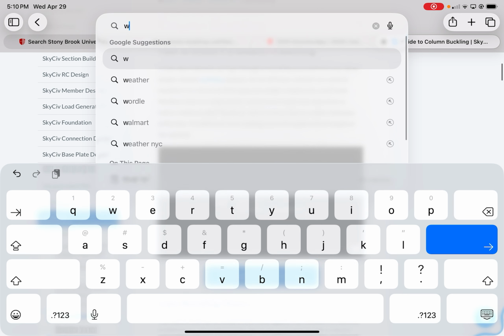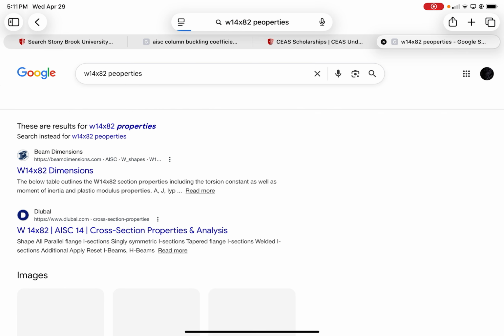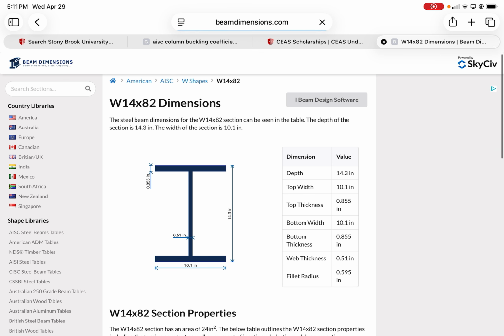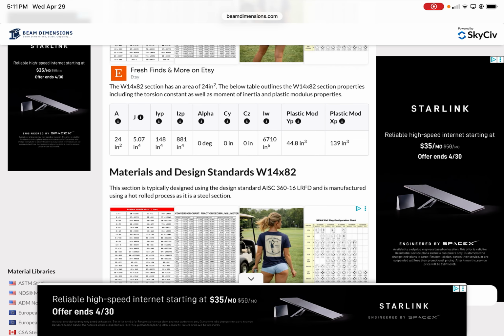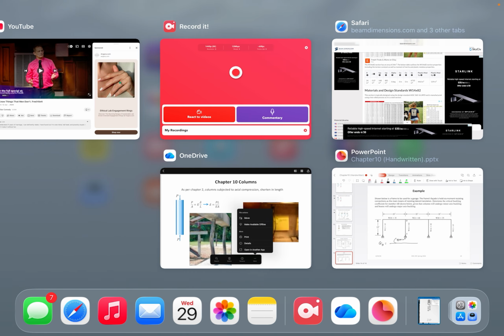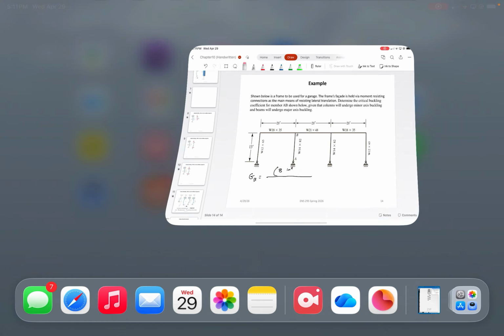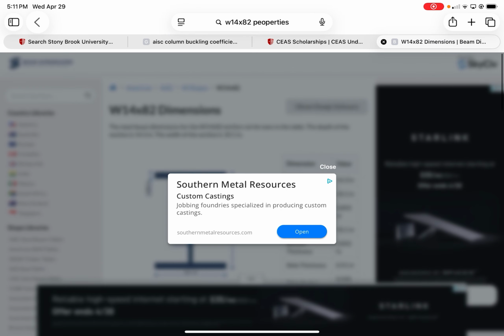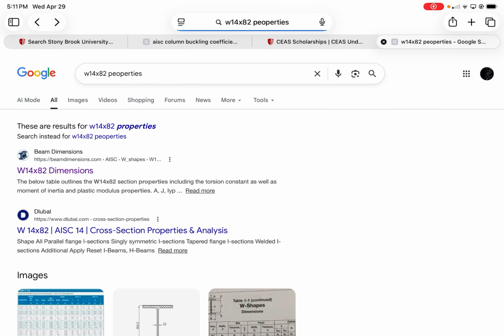Let me just look it up just to be safe. W14 by 82 properties. And for the W14 by 82, oh, there it is. 881. Let me just make sure that that's right.